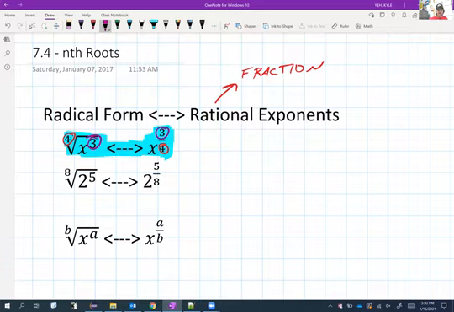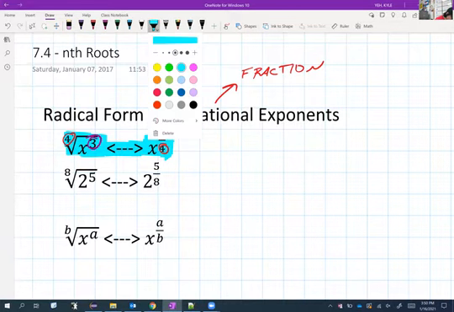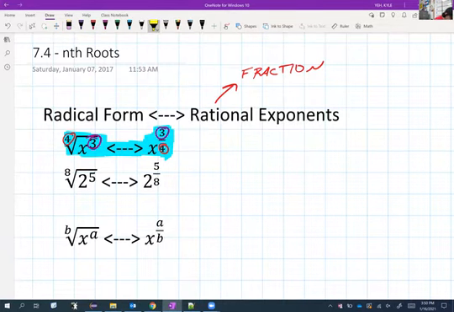All right, how about the second one? It looks like the 8th root of 2 to the 5th power could be written as 2 to the 5/8 power. I'm hoping that you're seeing that pattern: 2 to the 5th inside the radical, and then the 8th root of that.